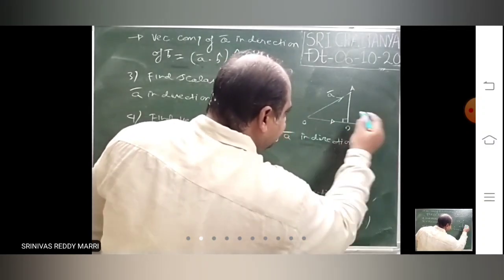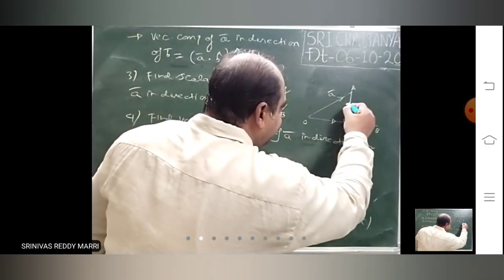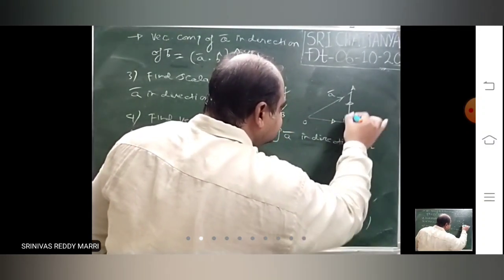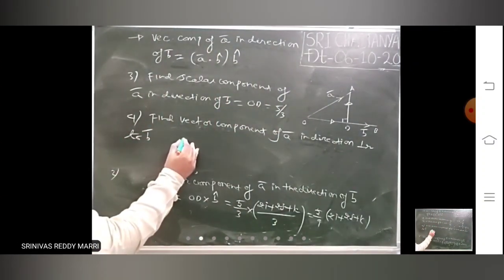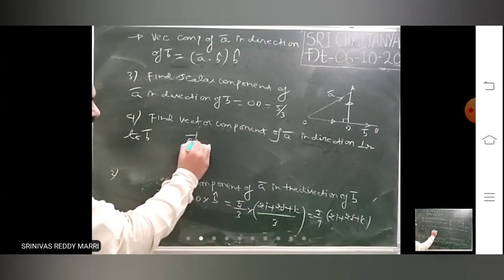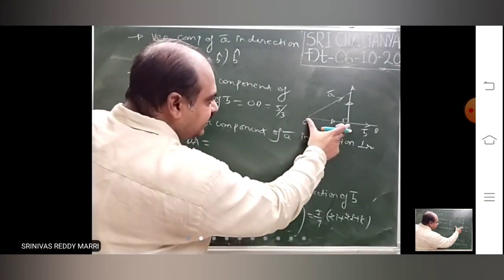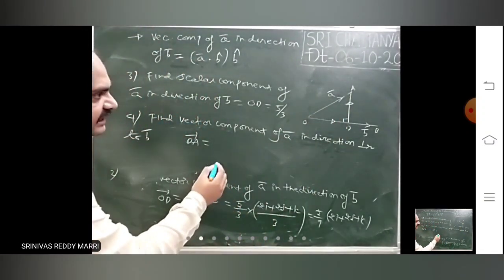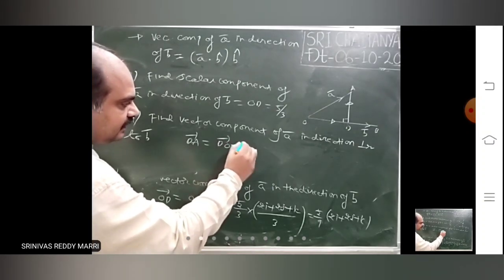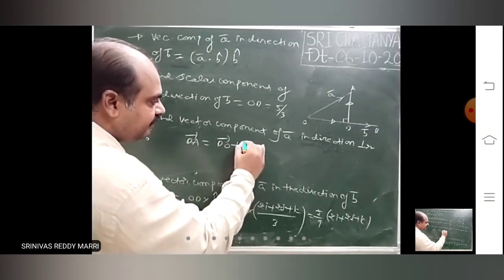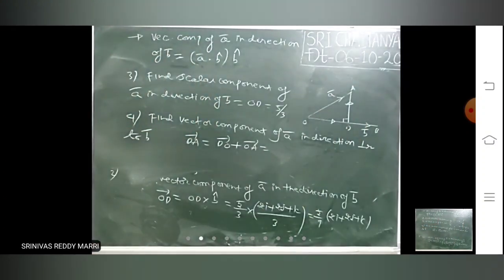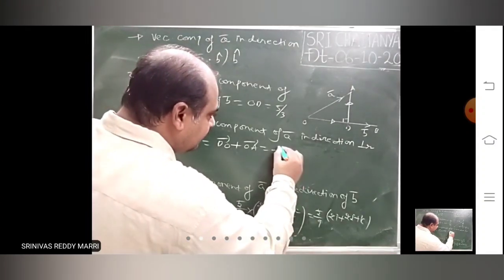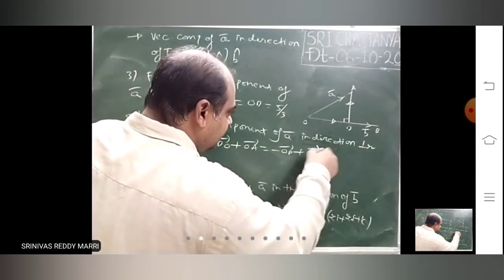Look at, this is B bar direction, component perpendicular to B bar means this DA bar. Now look at, I will calculate DA bar. First I have calculated OD bar, then DA bar in the triangle is nothing but DO bar plus OA bar. Look at, DA bar is nothing but DO bar plus OA bar. DO bar means what? Minus OD bar plus OA bar.